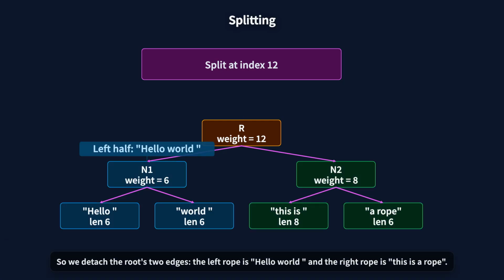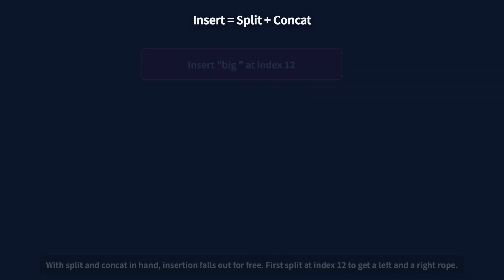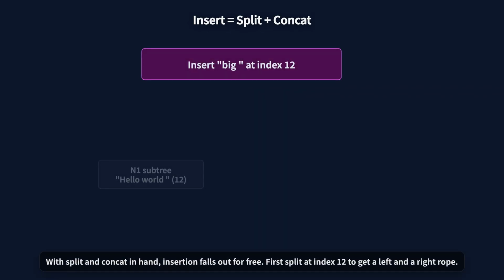So we detach the root's two edges. The left rope is hello world, and the right rope is this is a rope. If the cut falls inside a leaf, that leaf is split into two shorter chunks, and the nodes along the path are reassembled.